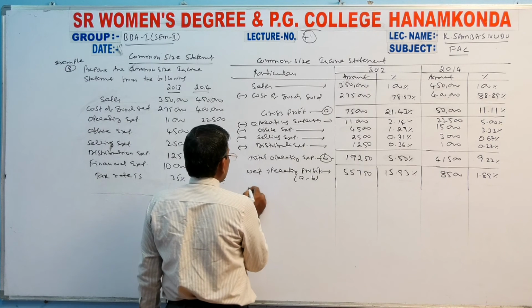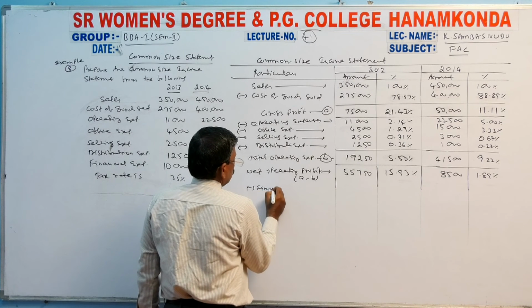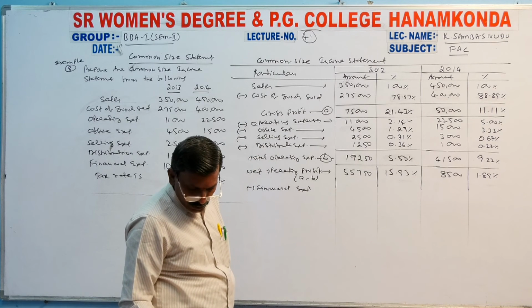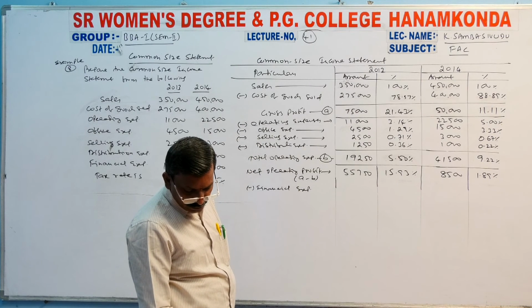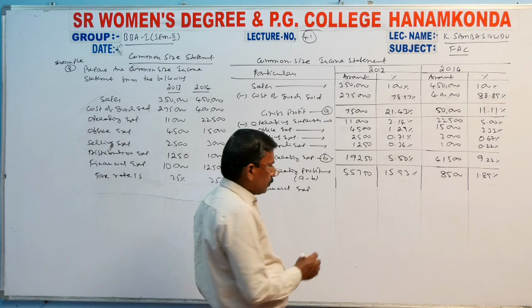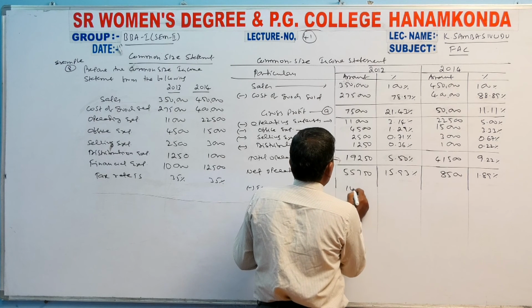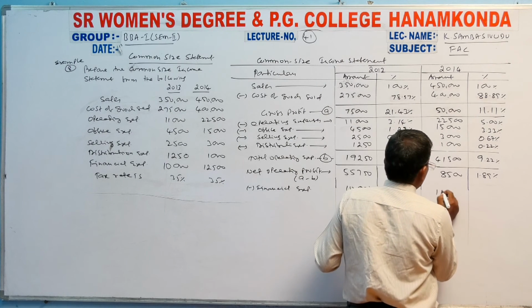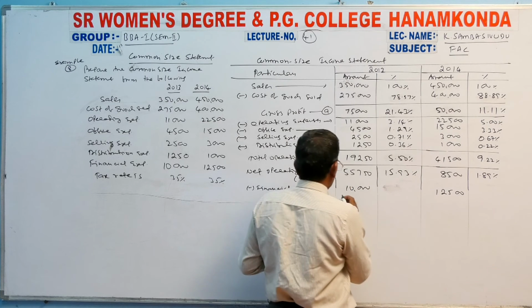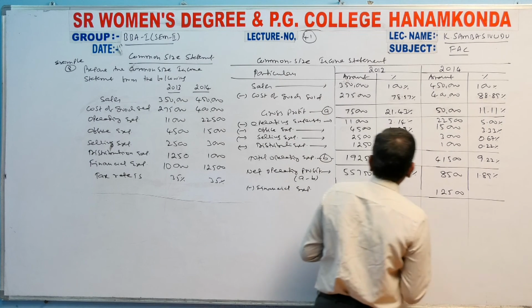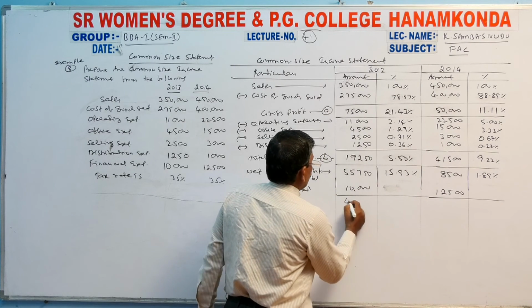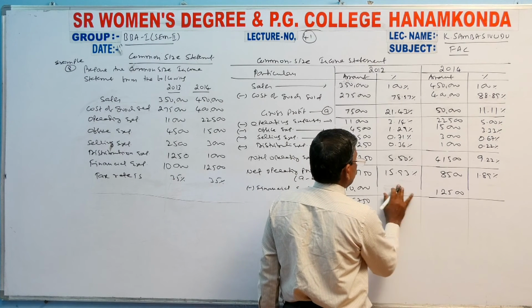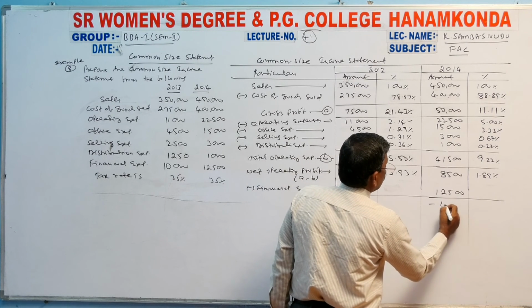Minus financial expenses. So the financial expenses here are 10,000 and 12,500. So 45,750 and minus 4,500.